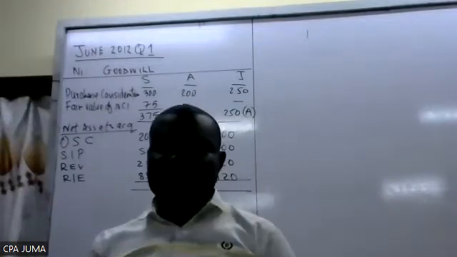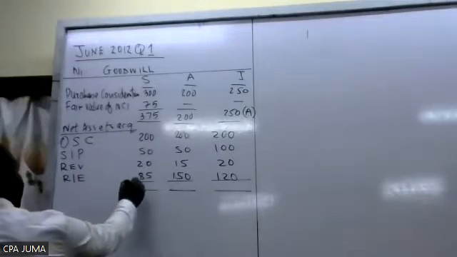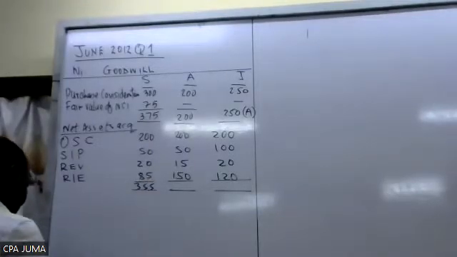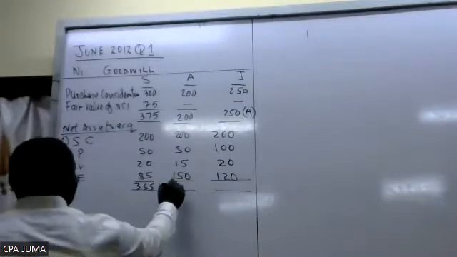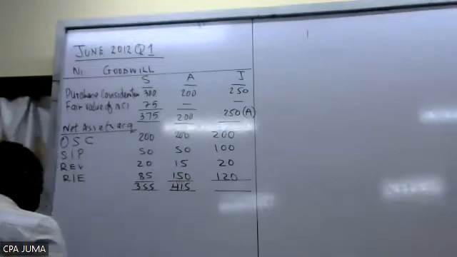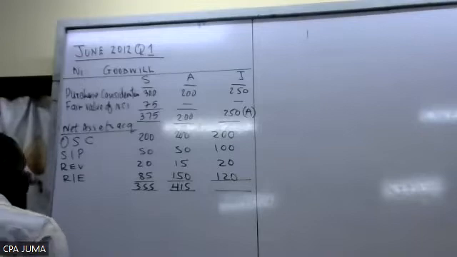Add the net assets. So net assets: this is 200 plus 70 plus 85. This is 355. Then this is 250, that is 165. This is 415. Then this is 300. This is 140. This is 440.